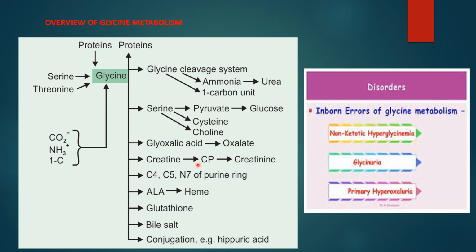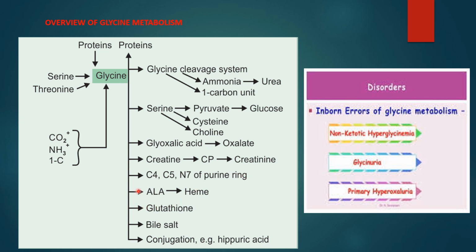Then via synthesis of creatine, it can lead to creatine phosphate, which can be converted into creatinine. Creatine phosphate is a high energy bond containing compound present in the muscles and brain. Then C4, C5, and N7 of purine rings are contributed by glycine.